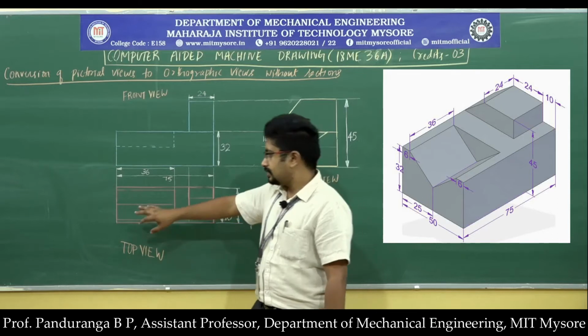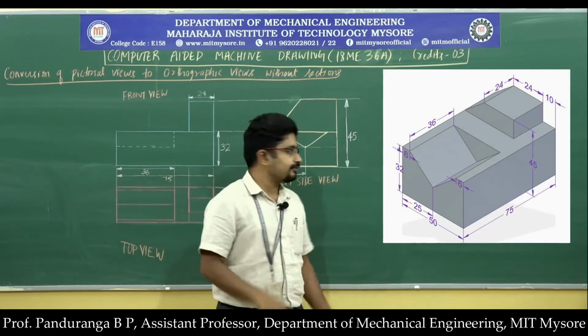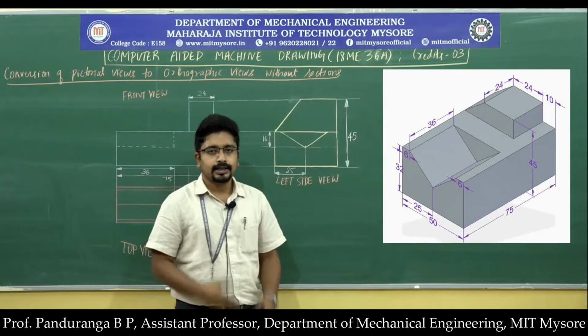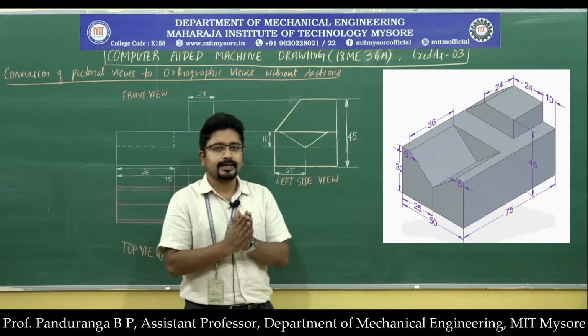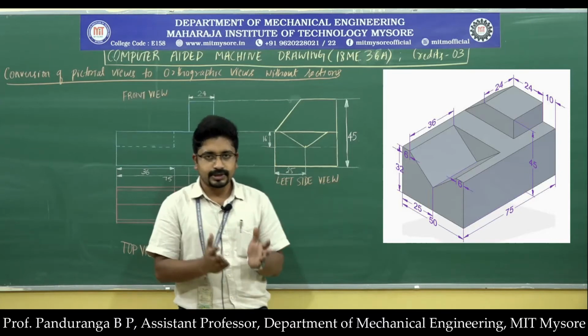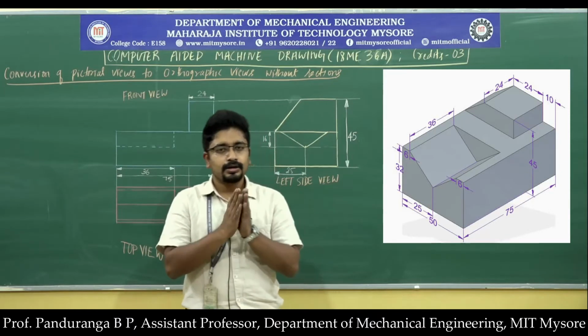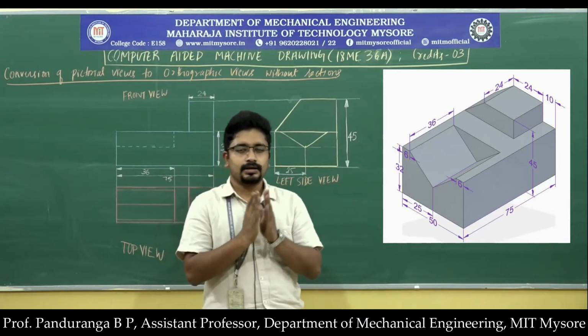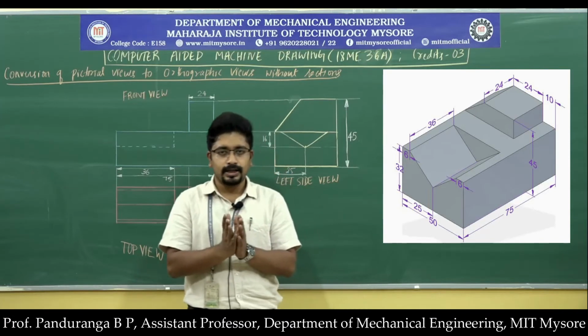Now I need to draw the V channel. If you observe the V channel, you can see that the apex is exactly at the mid portion of the base. If you look at the base, the channel is symmetric in nature.